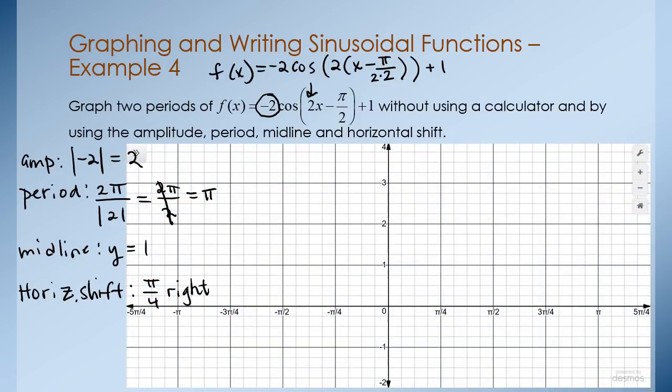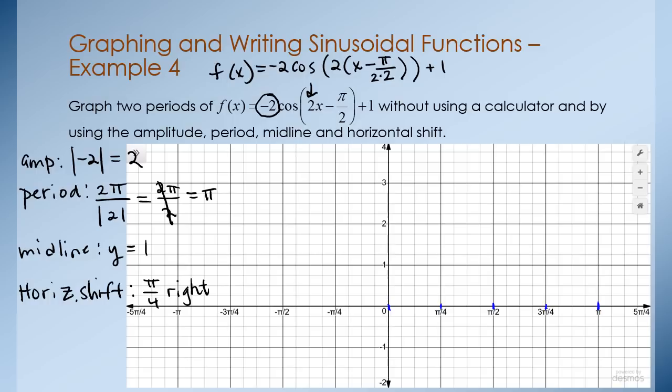Okay, so here is a graph, and let's see if I've got the values that I need. I have a period of pi, so here's pi on the graph, and I'm going to go ahead and mark halfway between 0 and the period of pi, so that's at pi over 2, and then of course halfway between 0 and pi over 2, and then halfway between pi over 2 and pi.